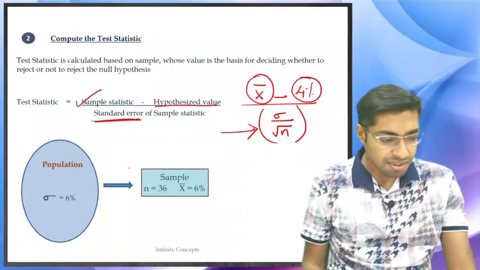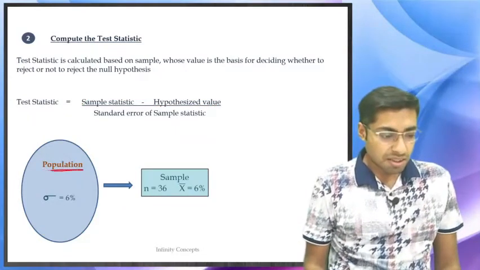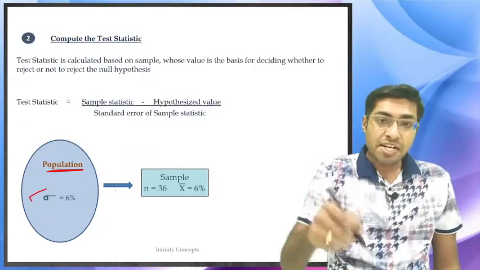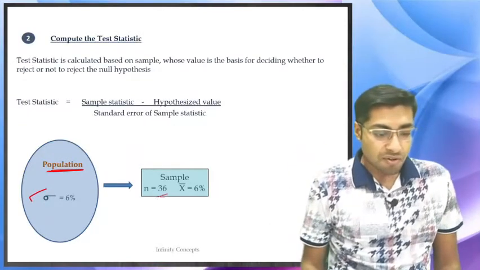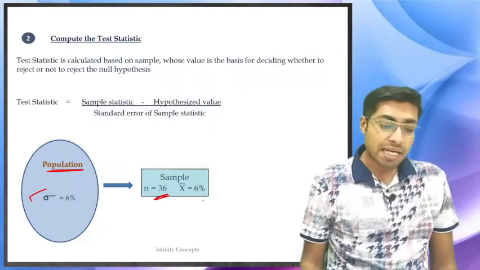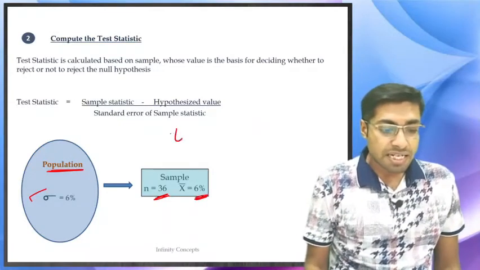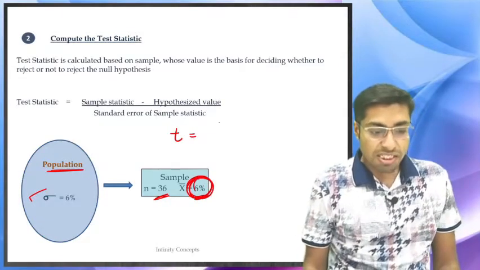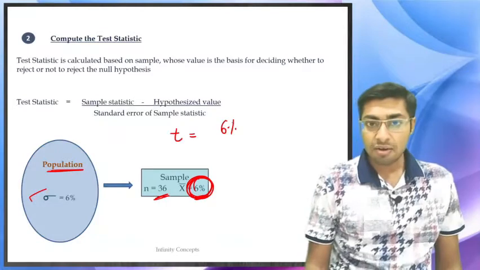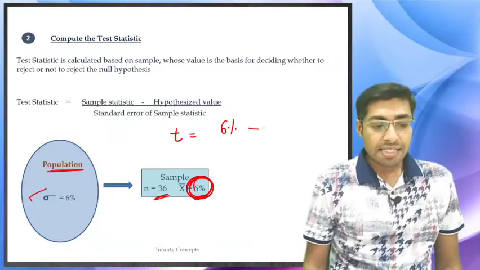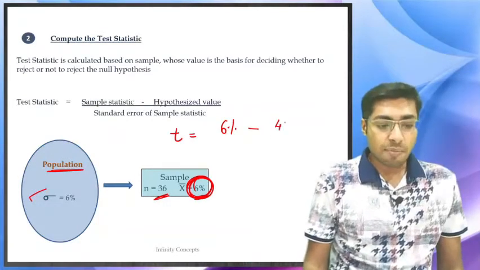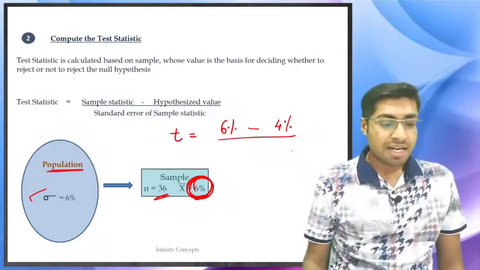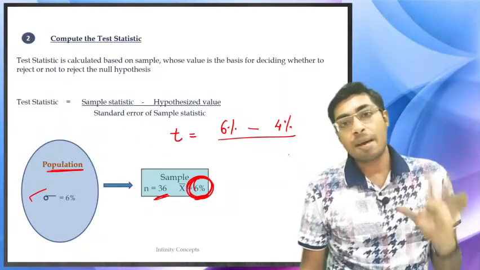Say for example, this is your population. Population is having a standard deviation of 6%. This is what we know. We took out a sample. Sample is of 36 stocks and the sample's mean is 6%. Then what will be the t statistic? The t statistic will be the sample statistic, which is your 6%, which is what you have calculated of the sample, minus the hypothesized value, 4%, divided by the standard error of the sample statistic.